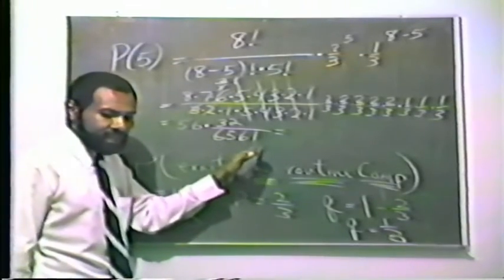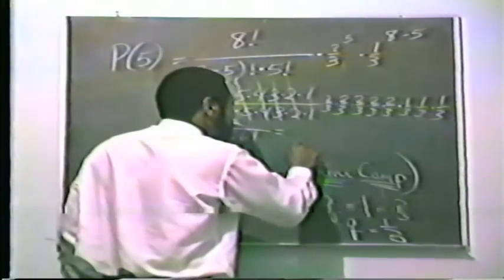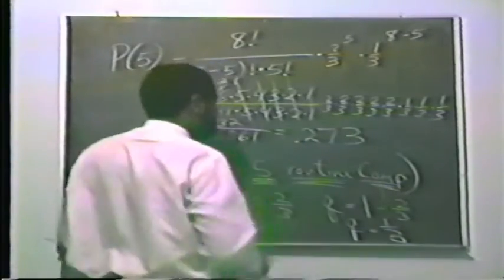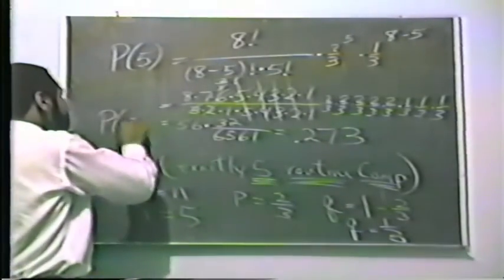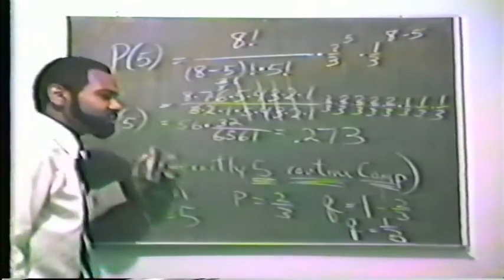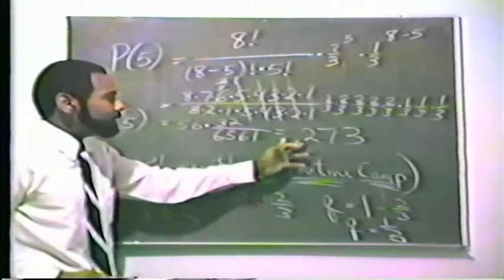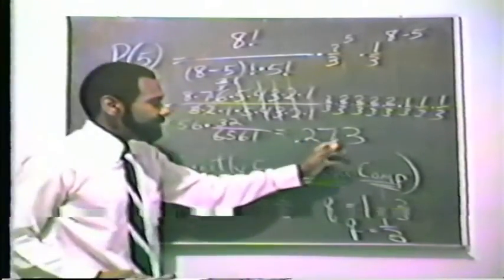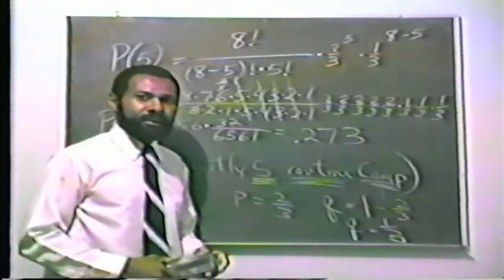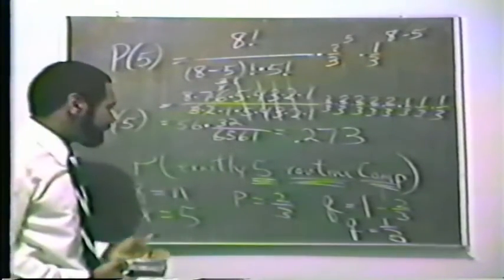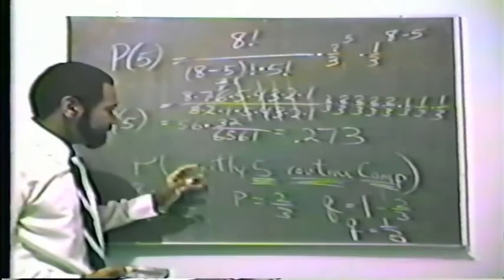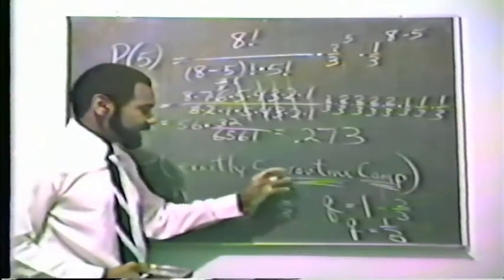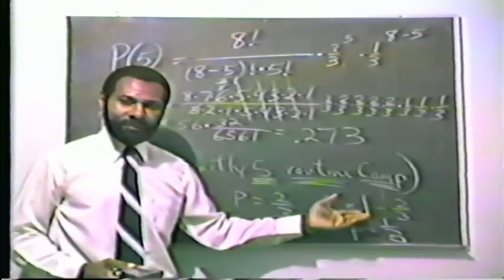And that gives us a probability of 0.273. So the probability of 5 successes in 8 trials would be 0.273. That's the probability of getting exactly 5 persons that can do routine computations.